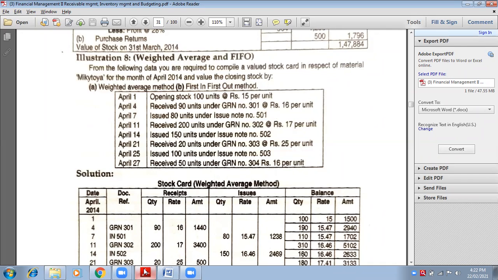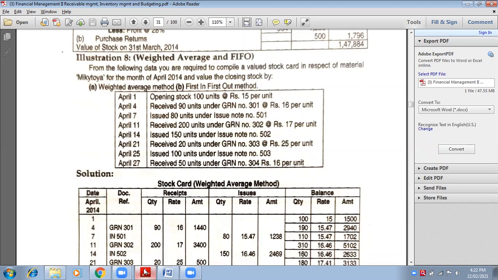The rate column will be reflected by rupees 25 per unit, and the amount column will be reflected by 500 rupees. Is it clear, everyone? Yes, ma'am. Close the date. We are done with the 21st.